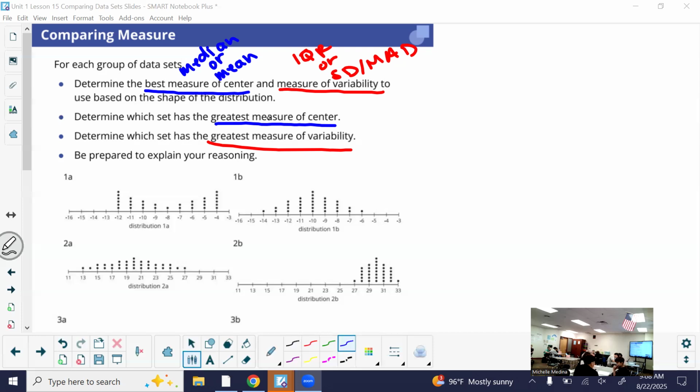Let's see. Austin. For 1A, what is the best measure of center? No. So when I ask you what's the best measure of center, these are your options. Mean, lucky guess, or do you know why?